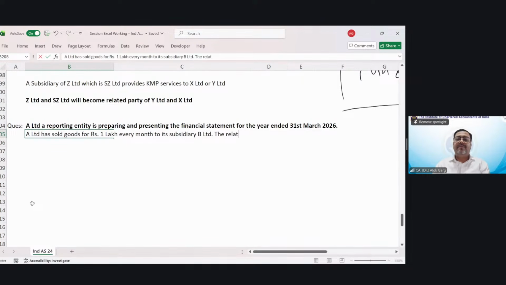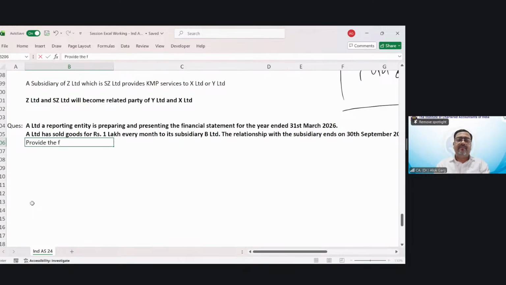The relationship with the subsidiary ends on 30th September 2025.